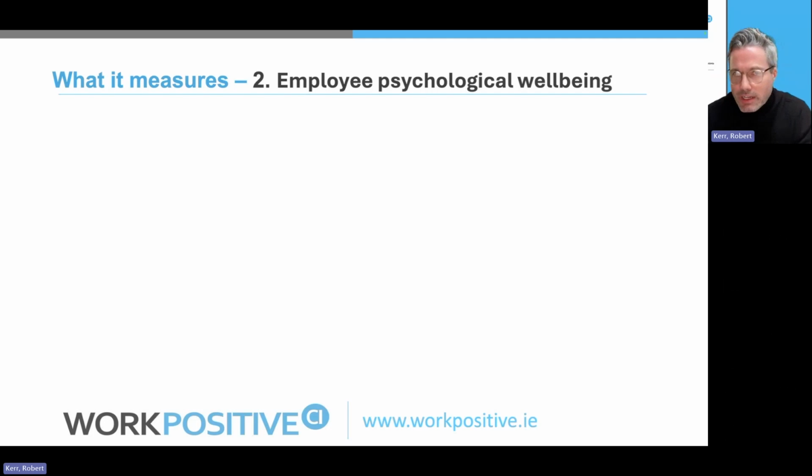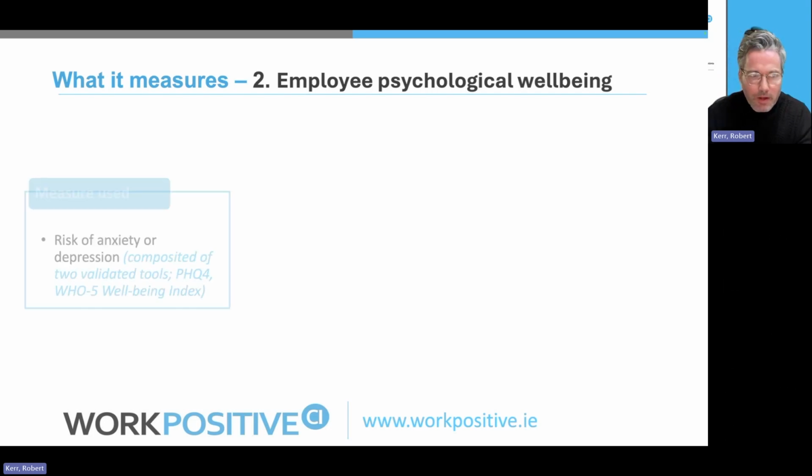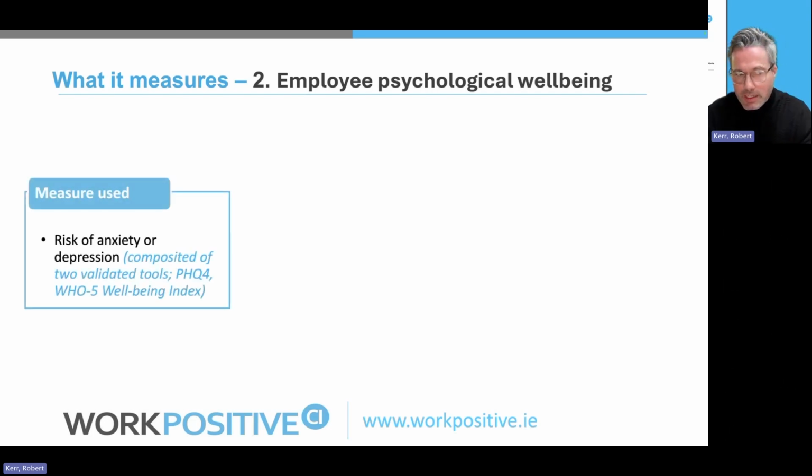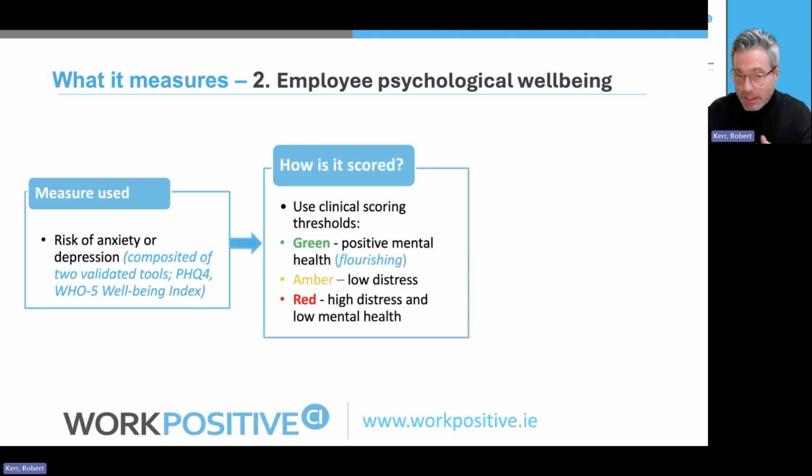It also measures psychological well-being of your employees, and it uses a combination of two well-researched and validated tools to measure the risk of anxiety and depression. This involves the PHQ-4 and the World Health Organization's WHO-5 Wellbeing Index. These tools have been used multiple times in clinical settings to determine the risk of anxiety or depression an individual may present.